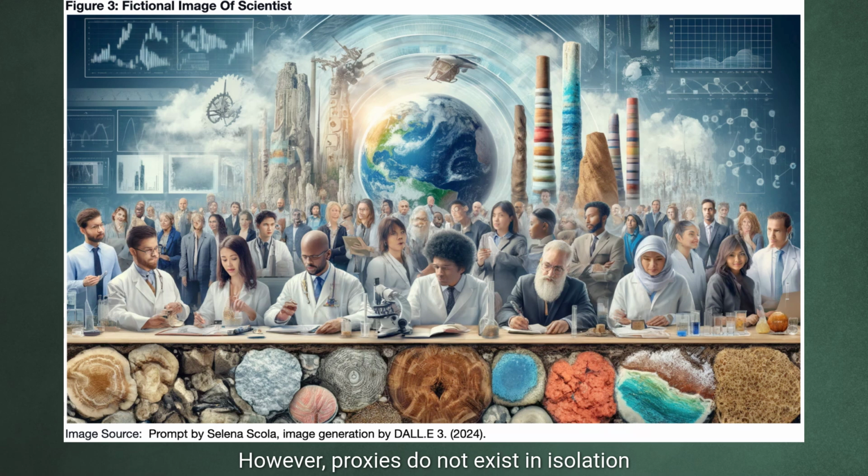However, proxies do not exist in isolation from the impacts of evolutionary changes, natural degradation, environmental factors such as nutrient availability, or bias during the reconstruction process. In other words, isolating the climate signal from external influences is challenging. Despite these limitations, climate proxies remain necessary for understanding Earth's climate history.